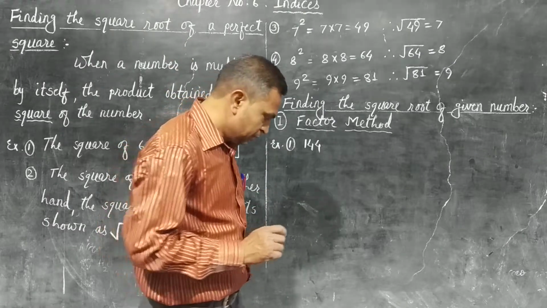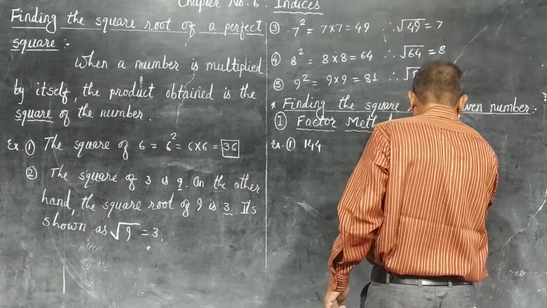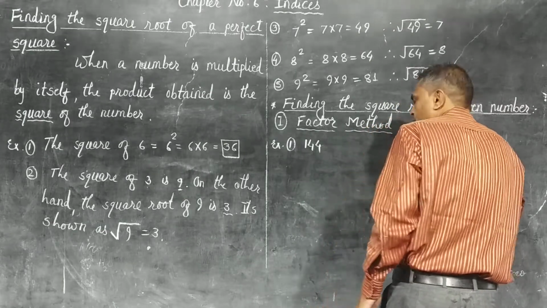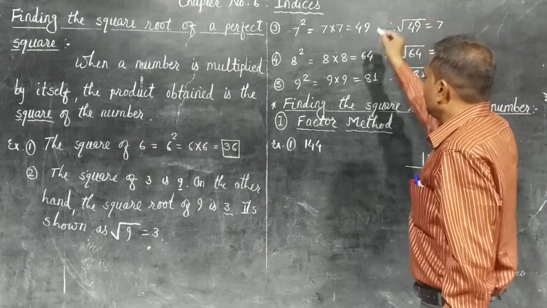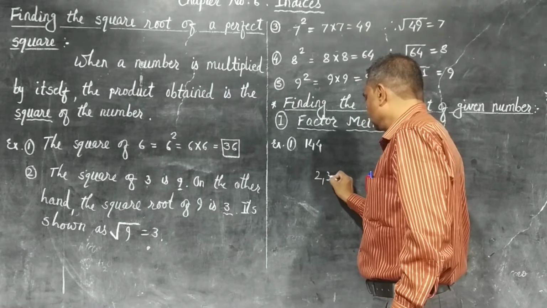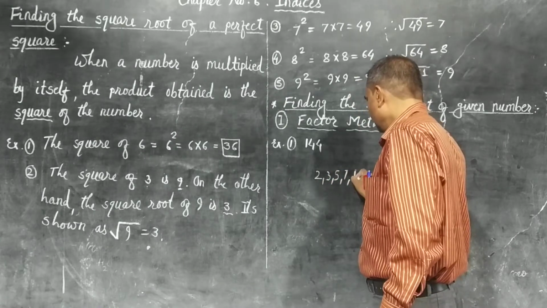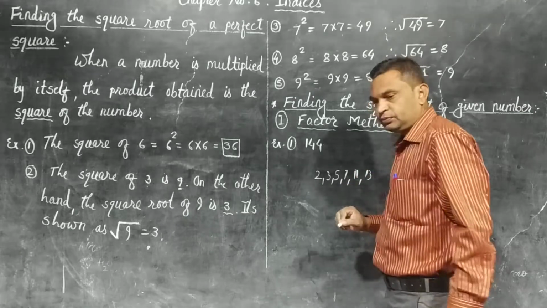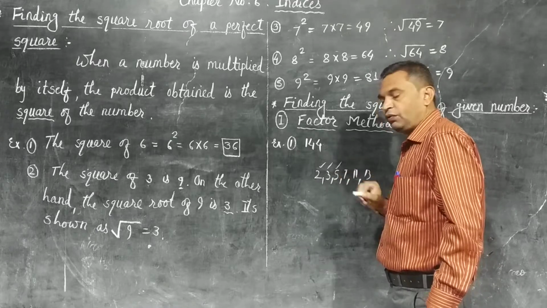Factor method means we use prime numbers. All of you know prime numbers 2, 3, 5, 7, 11, 13.